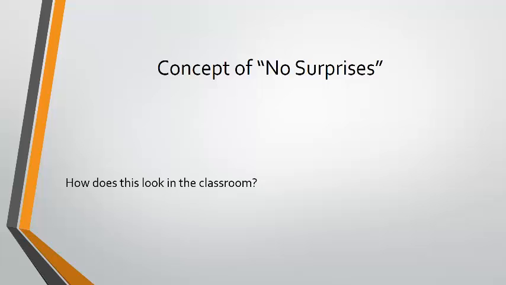So, for example, if the students are asked to write a 5-paragraph theme on something for the exam, then by the time they get to the exam, we want them writing small papers, 5 pages, not 5 paragraphs, and explain that concept within it. That they're going to have multiple little 5-paragraph themes throughout the whole paper. That's what we want them to understand, or that's what you need to understand with this concept of no surprises.